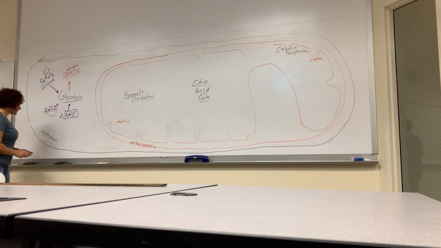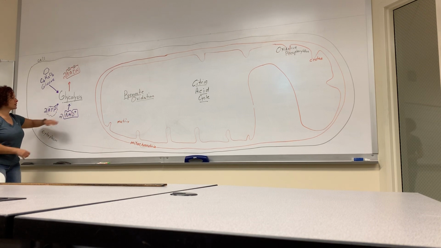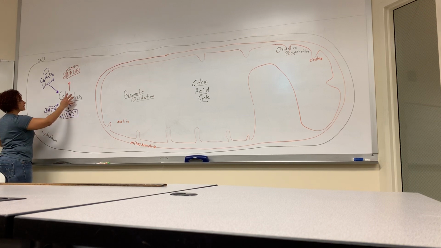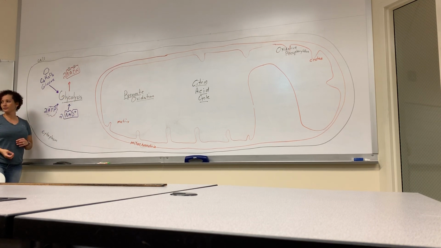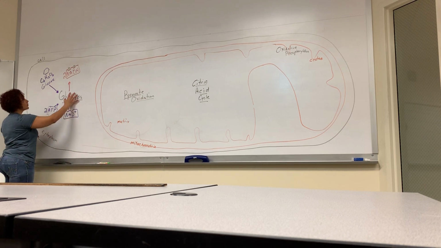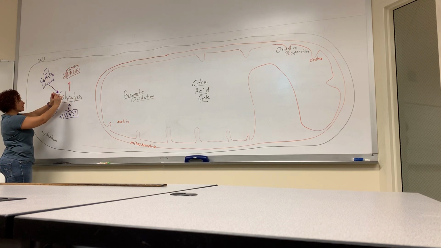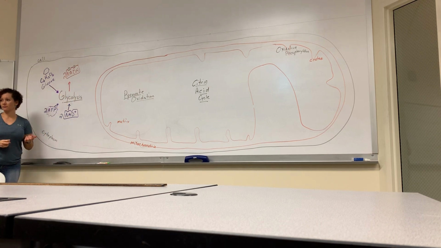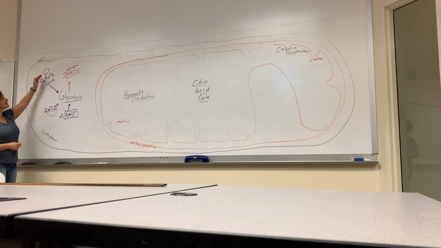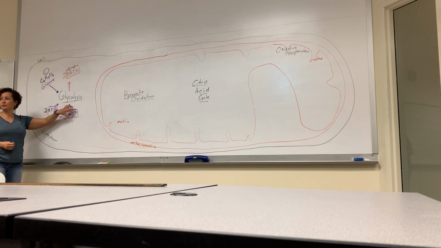Okay, so this guy here, NAD+, when he goes in, receives electrons. He's an electron stealer. So whenever you steal electrons, that's reduction. This guy loses electrons, he's being oxidized. This guy gains electrons, he's being reduced.